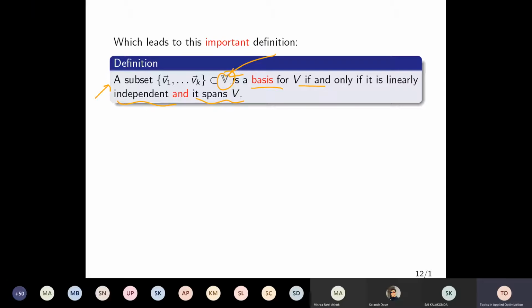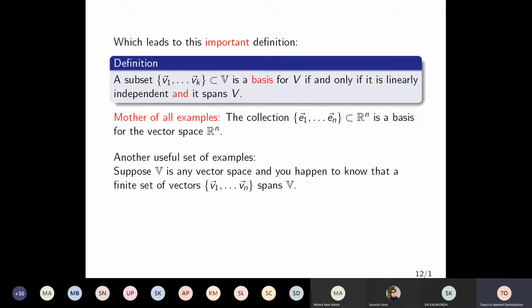Okay, so both are equivalent. So for any basis, the span should give you the whole vector space. That is the first criterion surely. And furthermore, the Vi's should be linearly independent. So that should form the basis for the vector space V.